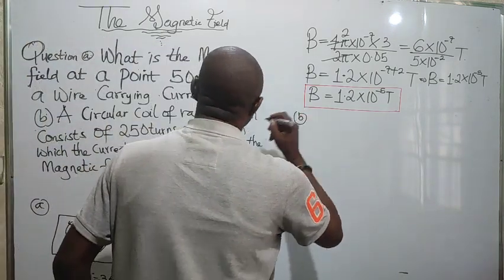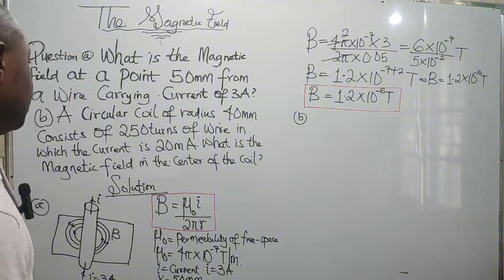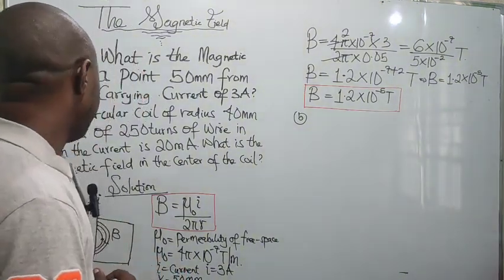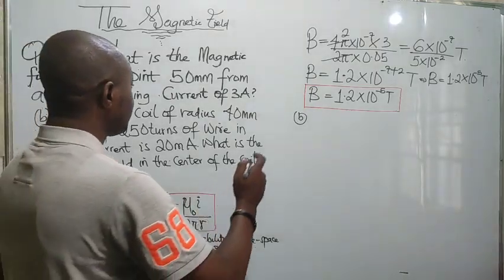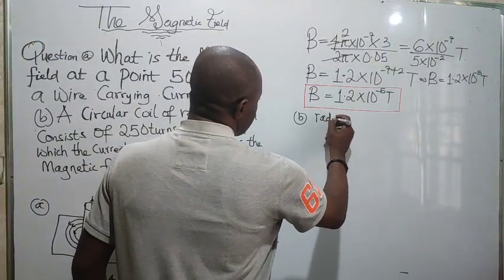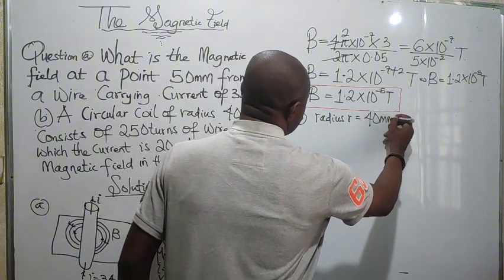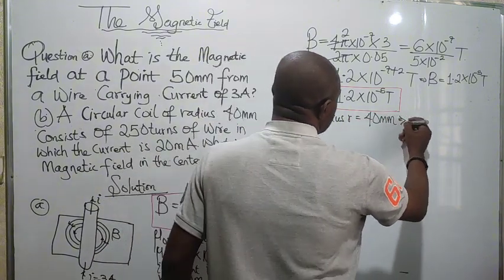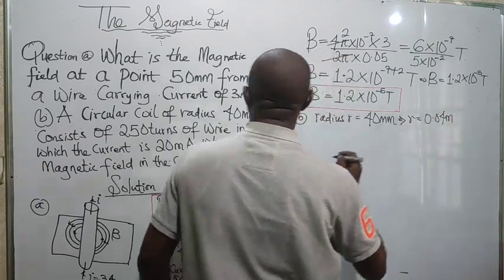All right, so the second question: we have a circular coil of radius 40 millimeters, consisting of 250 turns of wire, in which the current is 20 milliamperes. So we have the radius, 40 millimeters, and that would be R equals 0.04 meters.